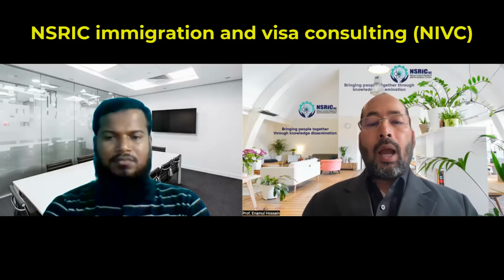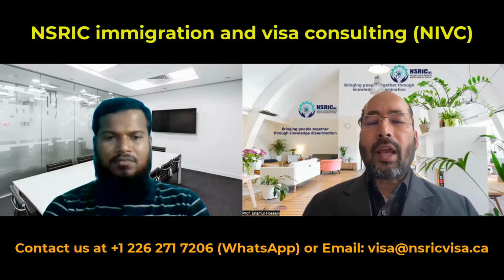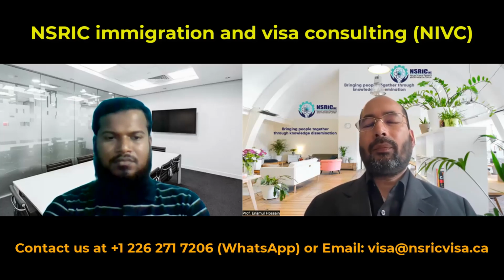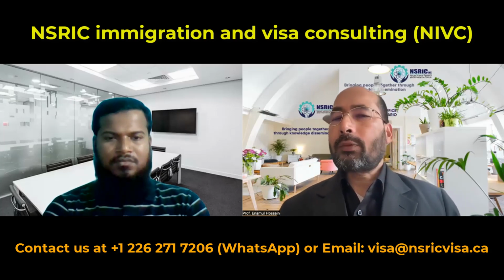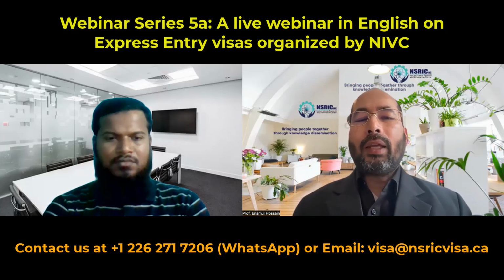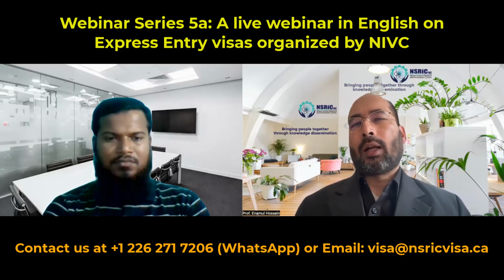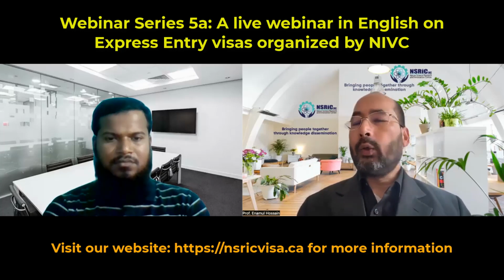Then the second one is the Federal Skilled Worker Program. Under this program, your experience can be in any country except Canada. So outside Canada, you have work experience, so you will be applying under the Federal Skilled Worker Program. This is the second category.